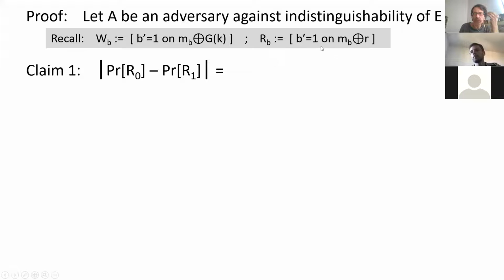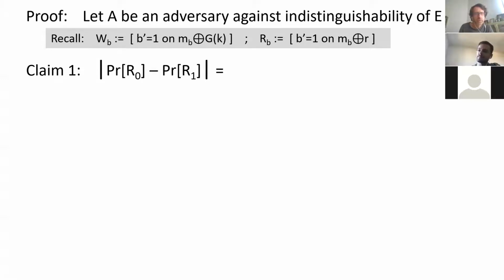What is the difference between the probability the attacker outputs 1 given M0 XOR R with the probability that he outputs 1 given M1 XOR R, where R is a perfectly random string? Okay, 0. Yes, good.